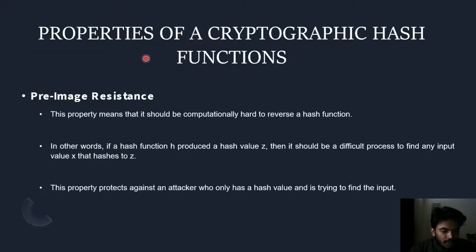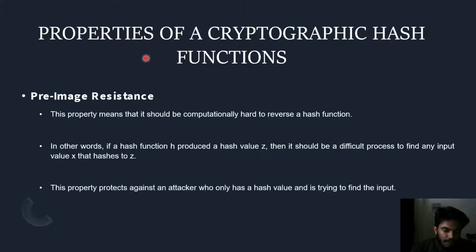Pre-image resistance says that it should be computationally impossible to find the reverse of a hash value using the hash function that we have. Even if we have knowledge of the hash function being used and we have the final hash value, it should be computationally impossible, or the function should be irreversible, in mathematical terms.